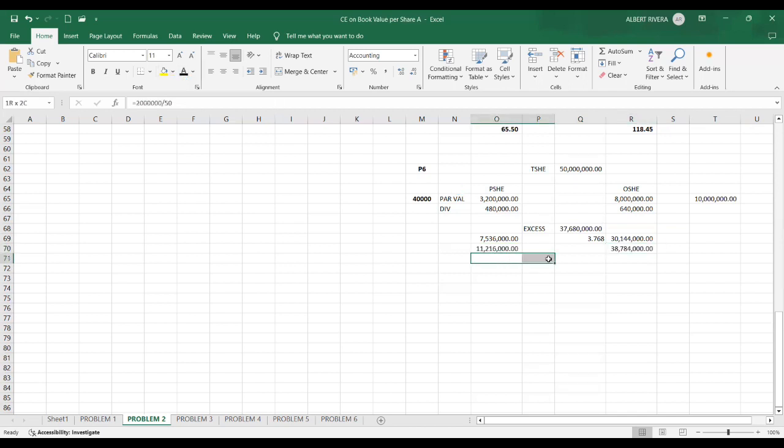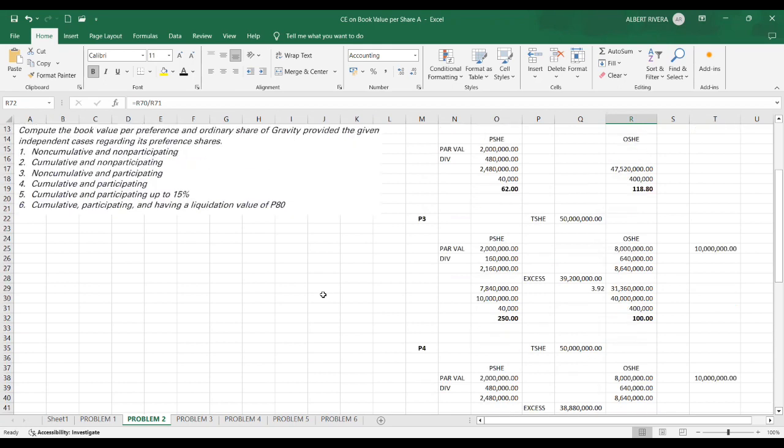So divided by the number of shares outstanding, which are 40,000 and 400,000 for preference and ordinary respectively. So this is now the book value per share, 280.4. And this is 96.96. Okay? How about problem 3?